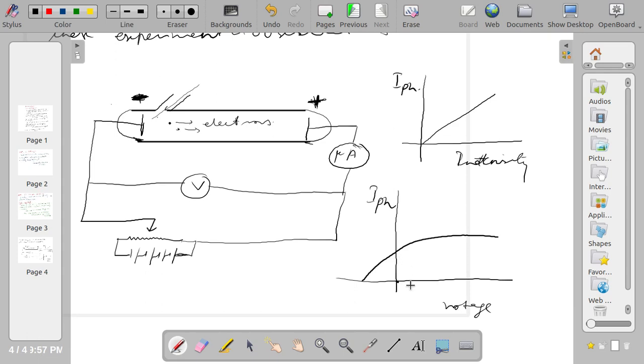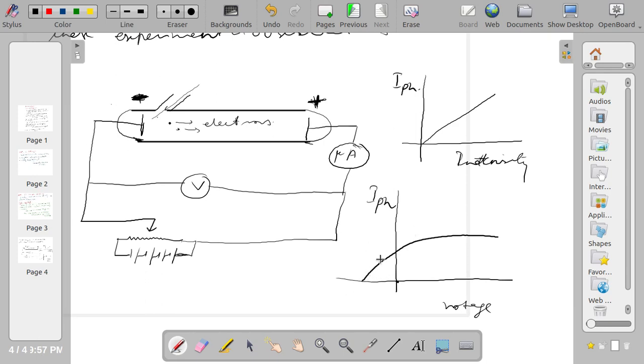But as the positive potential increases, it attracts more electrons towards itself, so the current slowly and steadily increases and saturation is reached. If the polarity is reversed, so it becomes negative, the current keeps on decreasing until a stage is reached where no electron reaches here, and the current is zero.